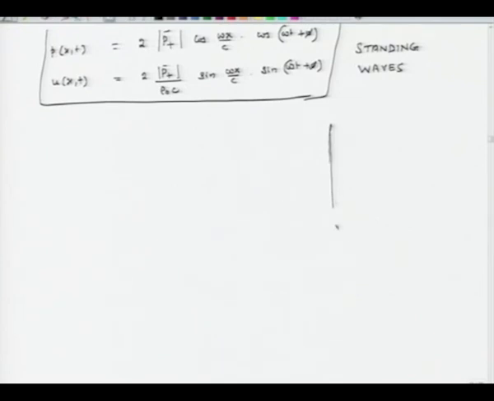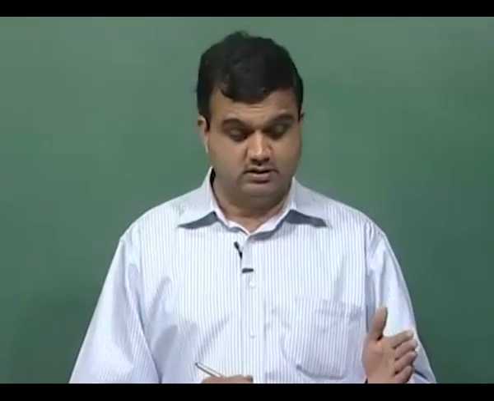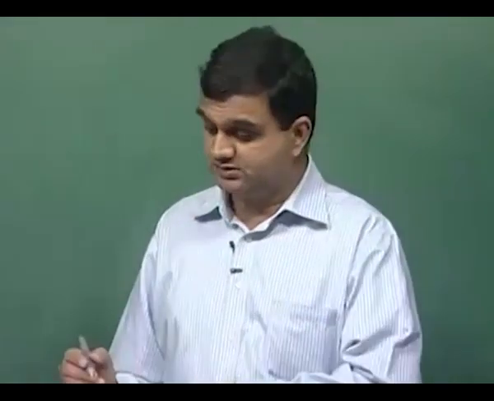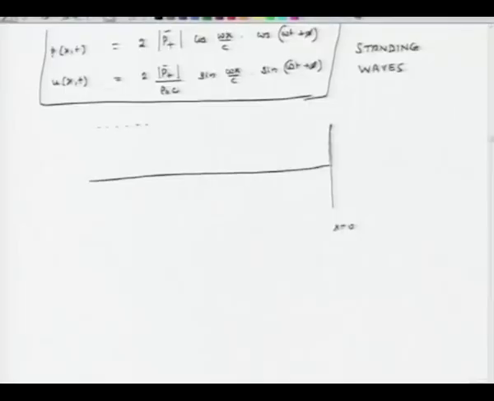So, here my x equals 0. Let us say I am going to plot in the negative direction, because my open end of the tube is at x equals minus L, and I will draw two envelopes. At x equals 0, my pressure is maximum.